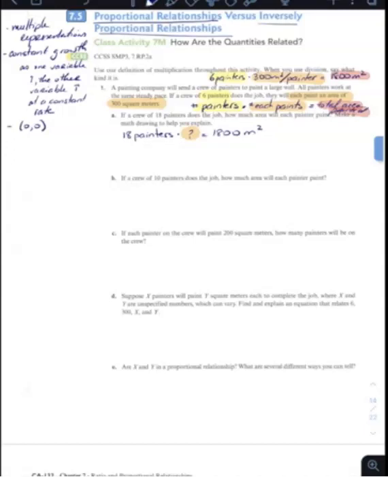Well, 18 times what gives me 1,800? It sounds like it's 100 square meters per painter. Right, that would make sense. So it's 100 square meters per painter. If a crew of 10 painters does the job, how much area will each painter paint? Well, let's see what happens there.